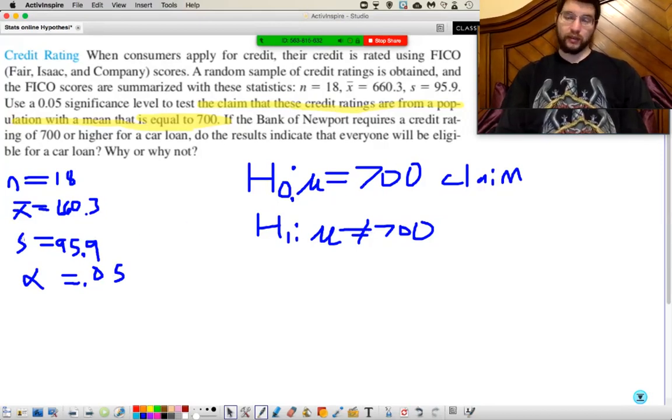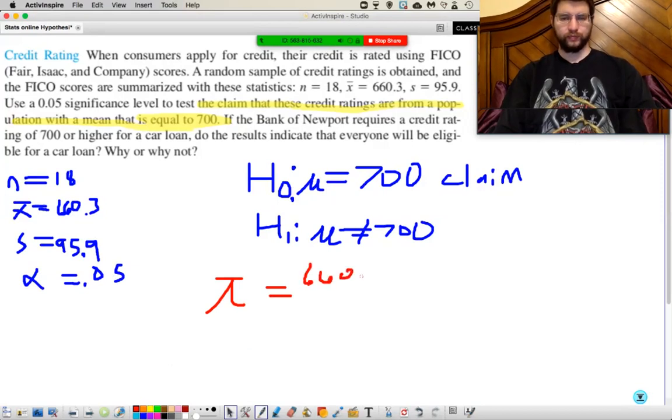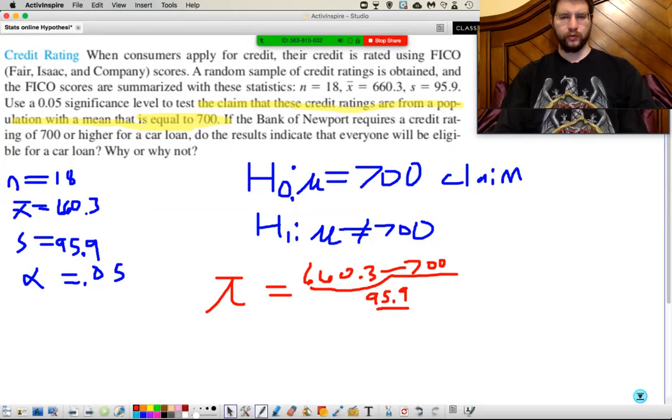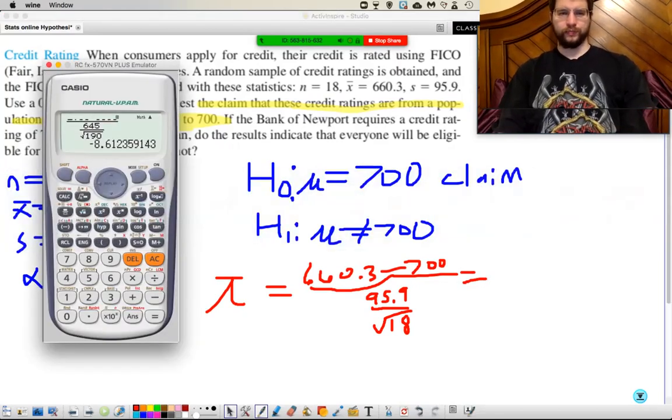That's an S, so I'm going to calculate my t value, my test statistic: .3 minus 700 over 95.9, which is over square root of 18. Type it in.